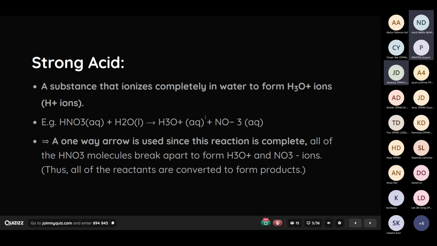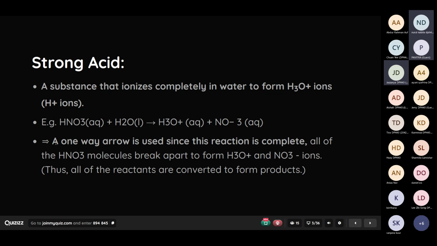So dalam tindak balas persamaan kimia ni, dia HNO3, nitric acid dan water. Bila dia bertindak balas, dia akan menghasilkan hydronium ion H3O+ dan juga nitrate ion NO3-. So this one-way arrow dictates that this hydronium ion dan nitrate ion ni tidak akan menghasilkan nitric acid dan water balik semula. So this means it ionizes completely, dengan sepenuhnya.